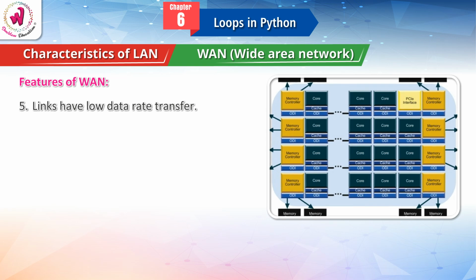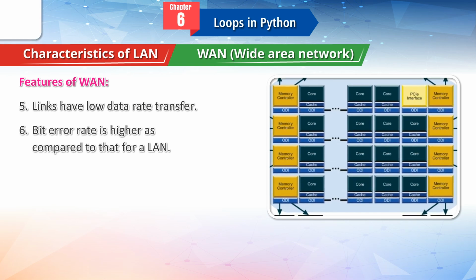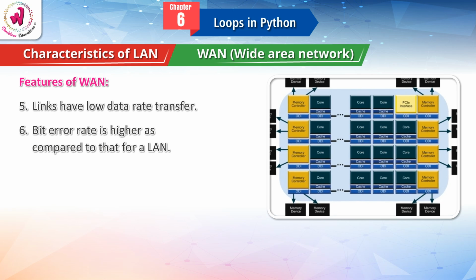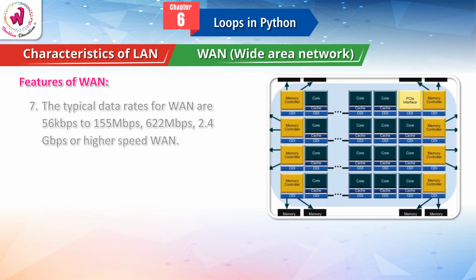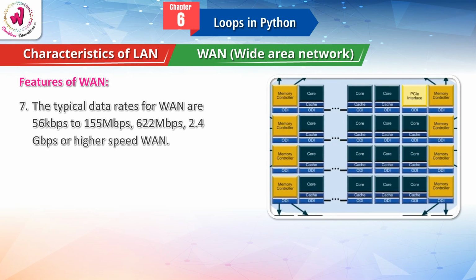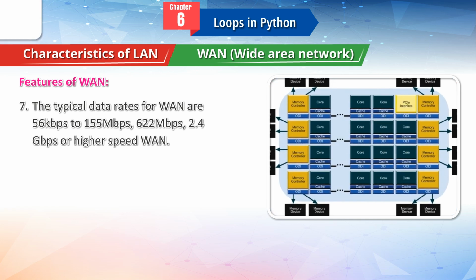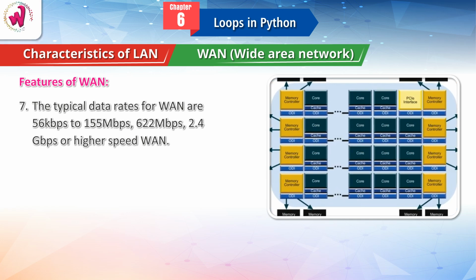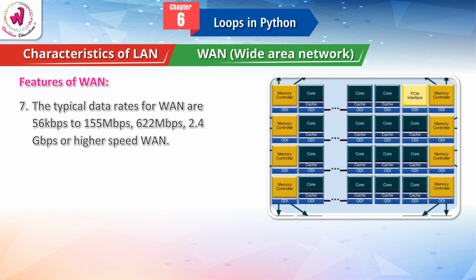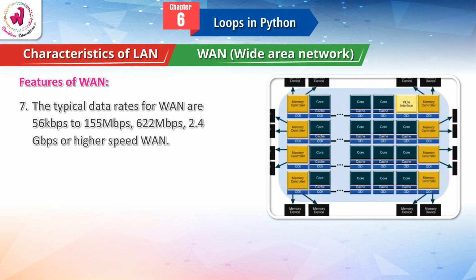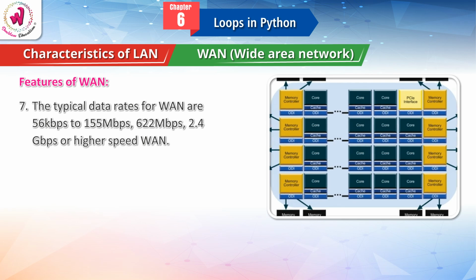Links have low data rate transfer. 6. Bit error rate is higher as compared to that for a LAN. 7. The typical data rates for WAN are 56 kbps to 155 mbps, 622 mbps, 2.4 gbps, or higher speed.